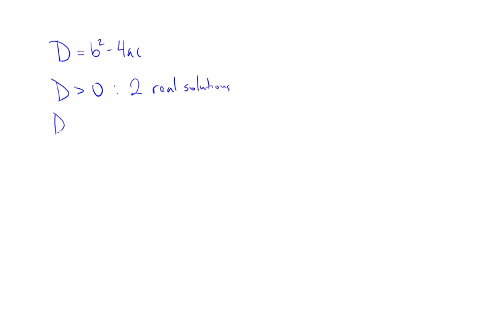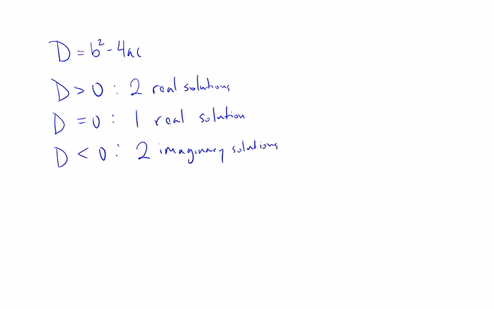If d equals 0, then you have 1 real solution. And if d comes out less than 0, then you have 2 imaginary solutions, or you can think of that as no real solution, right? And that's what we're looking for.